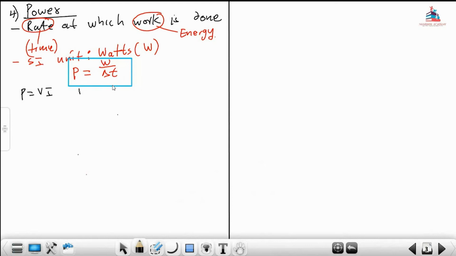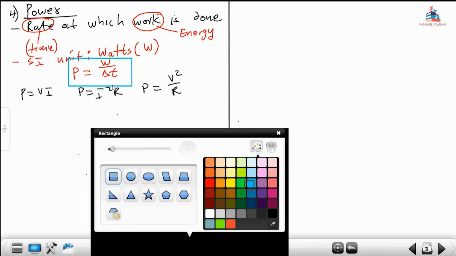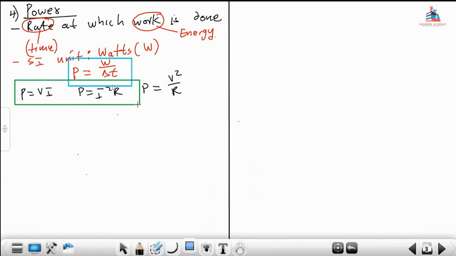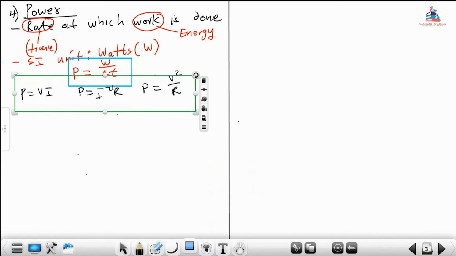I'm also going to add P is equals to I squared R. I am also going to add P is equals to V squared over R. So all these are very, very important equations for us to take care of and to actually note.